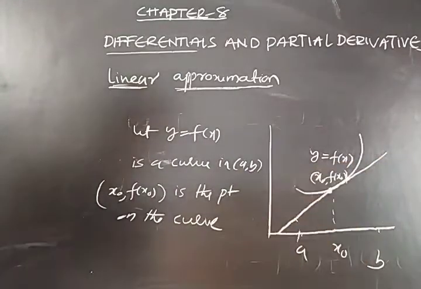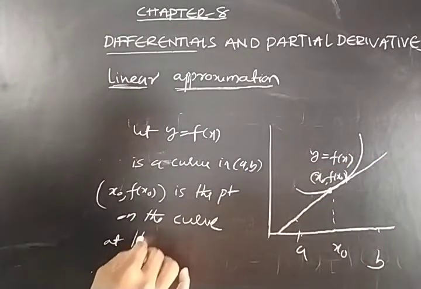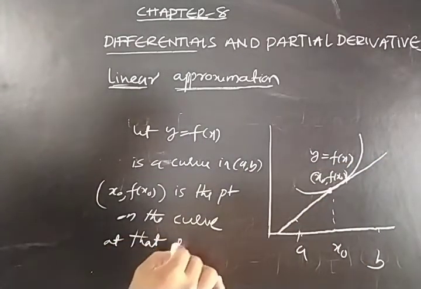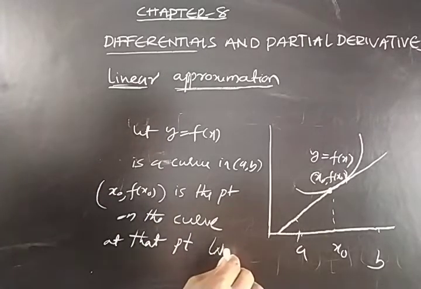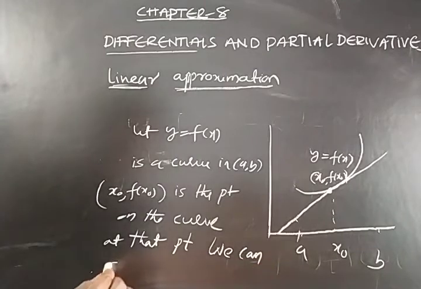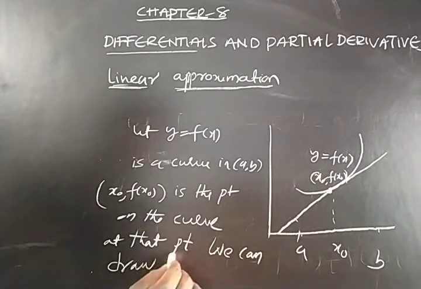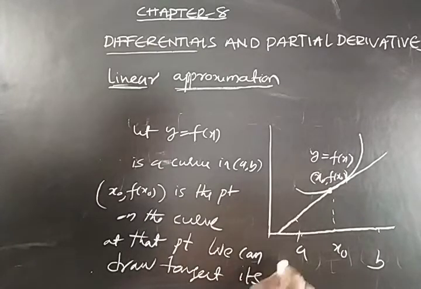At that point we can draw one tangent. Its slope is denoted by m.